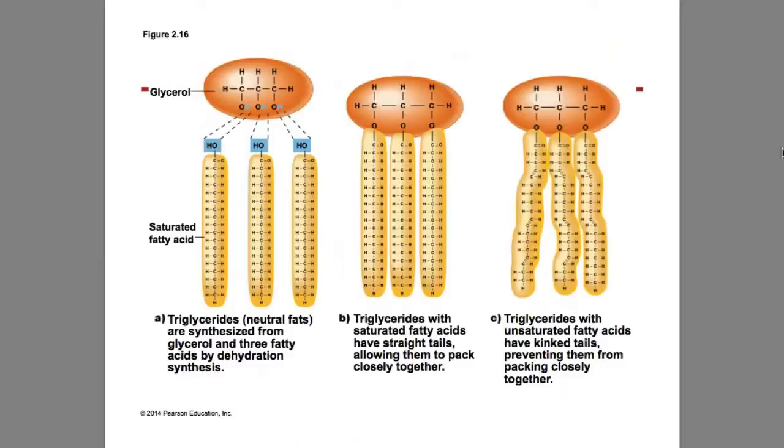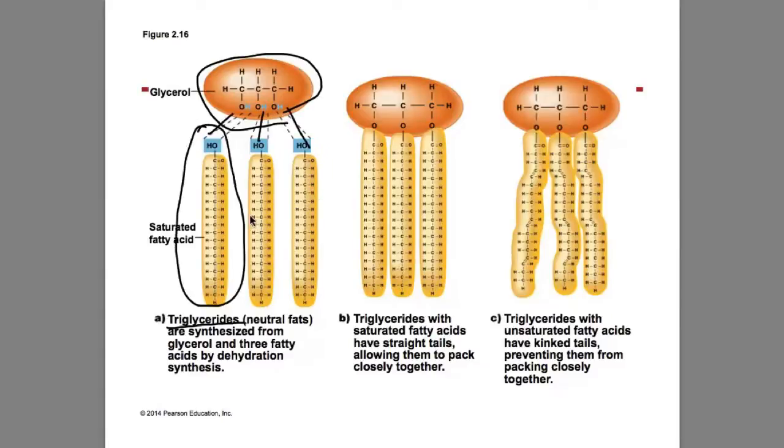Figure 2.16 shows examples of, here's a triglyceride here, and you have a glycerol group attached to 3 fatty acid chains here. Here's one, here's another one, here's another one. And as you can see here, these are saturated fatty acids. They're very linear. They're all single bonds.